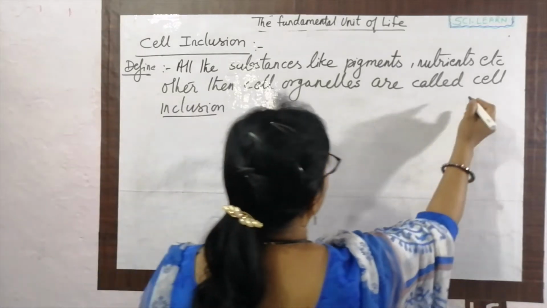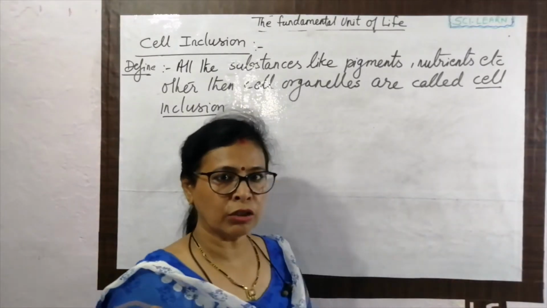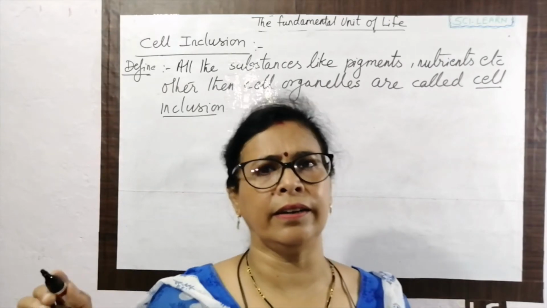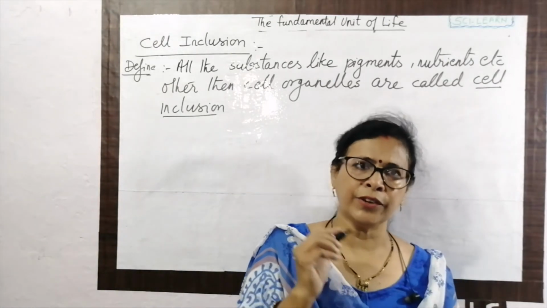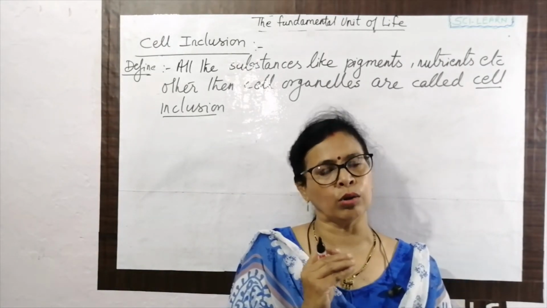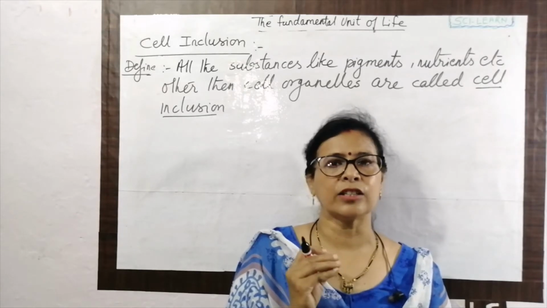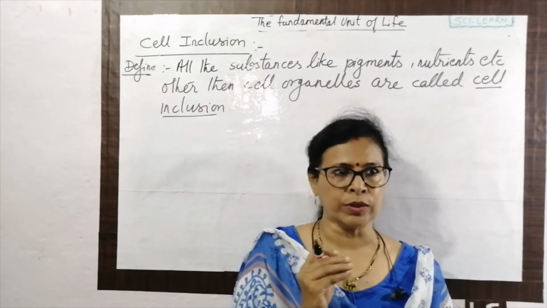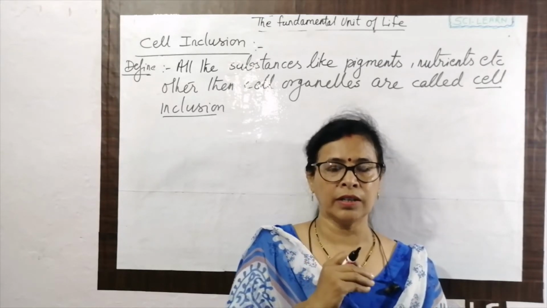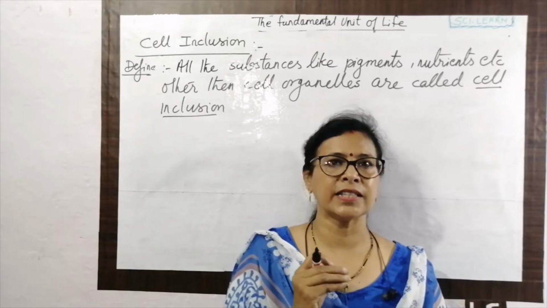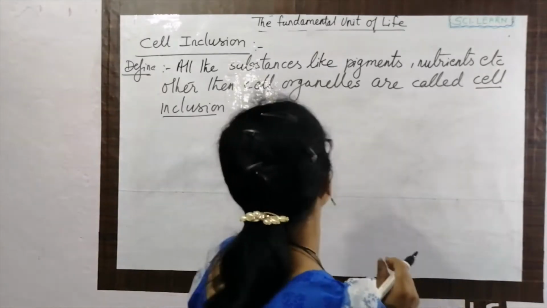Okay, it is very clear what cell inclusion is. So the cell not only contains cell organelles, various other substances are also present in the cell, and that is called cell inclusion, such as glycogen, lipids, and pigments like melanin.